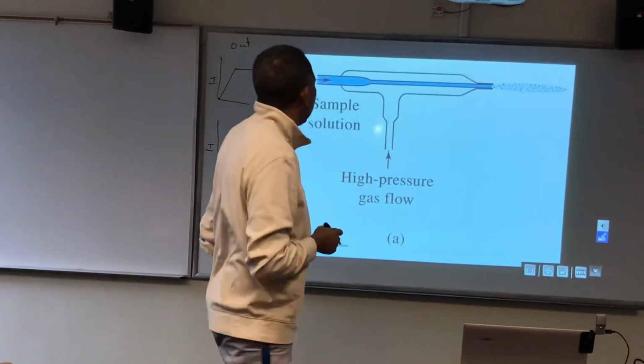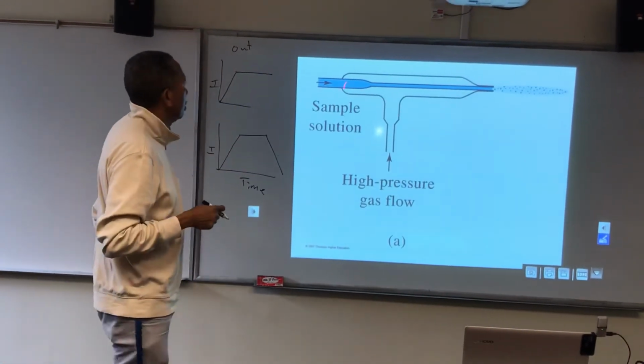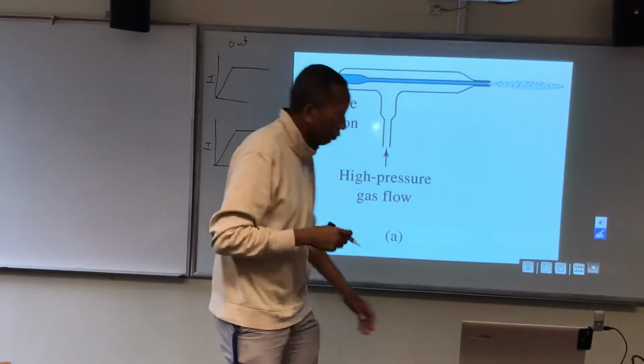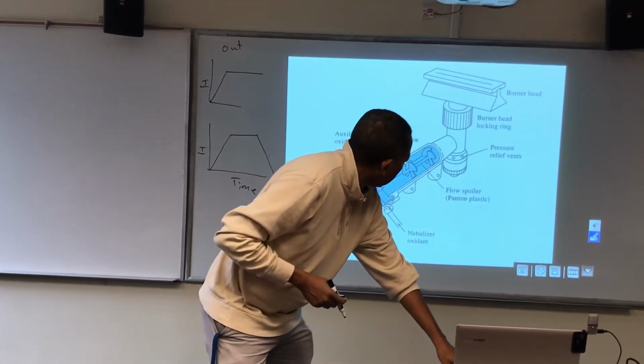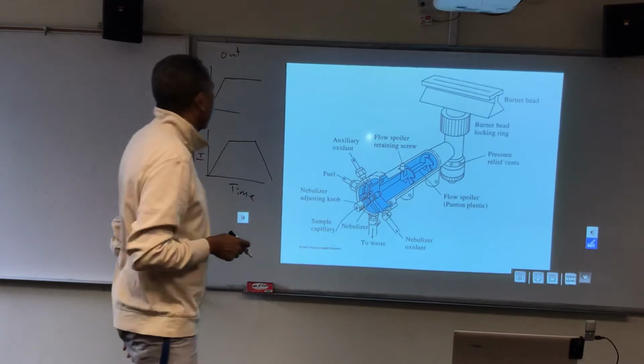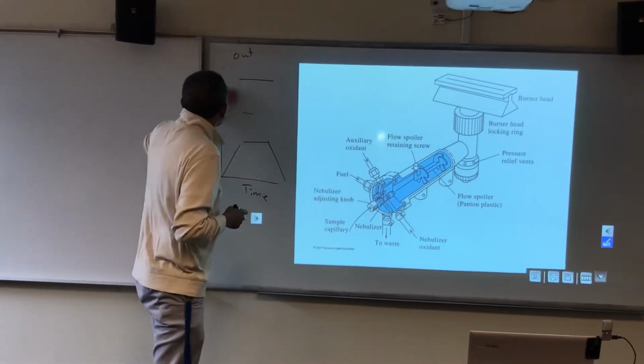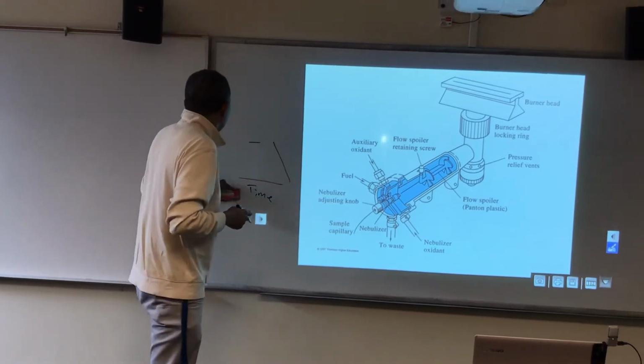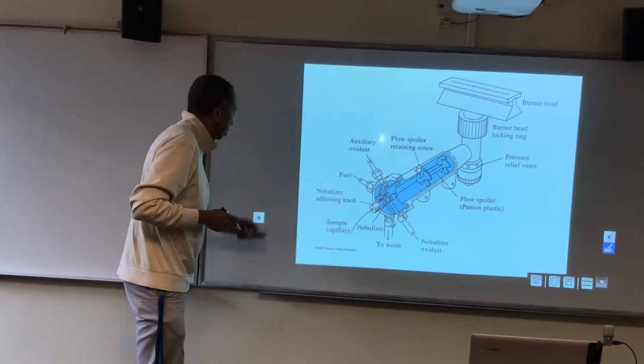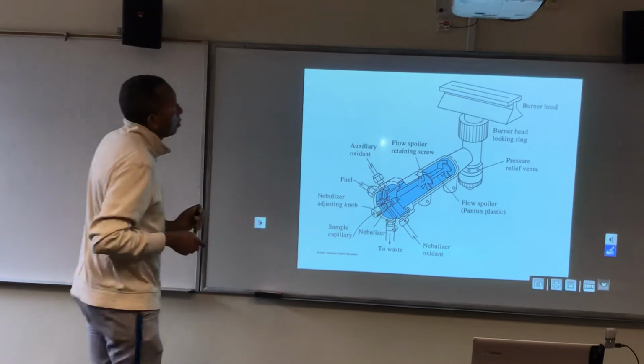These are just examples. This is the high pressure gas flow in there. This is actually what the instrument would look like, not the whole instrument, just this part of it.